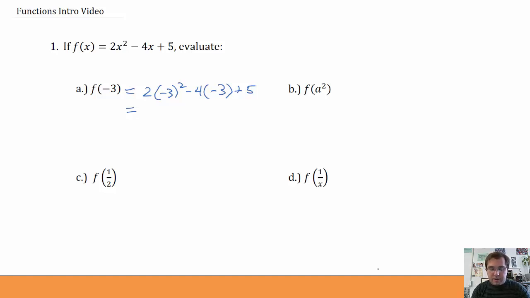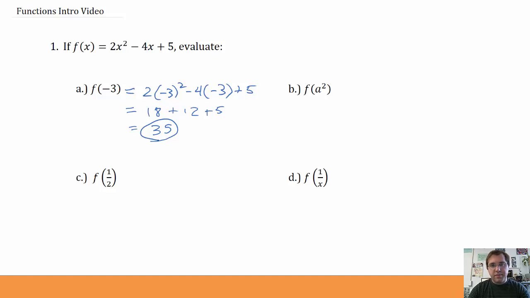That makes it a positive 9 times 2 is 18. And then negative 4 times negative 3 is positive 12 plus 5. 18 plus 12 is 30 plus 5 is 35. So f of negative 3 is equal to 35. That means when I plug in the number negative 3 for x, I get out a y value of 35.